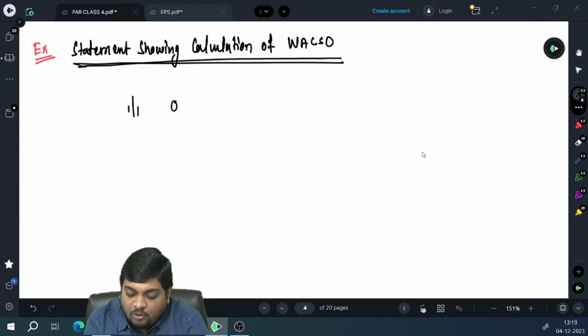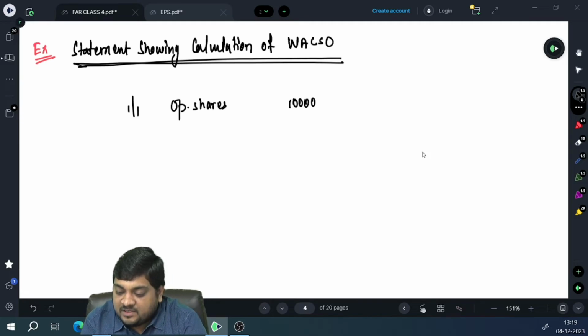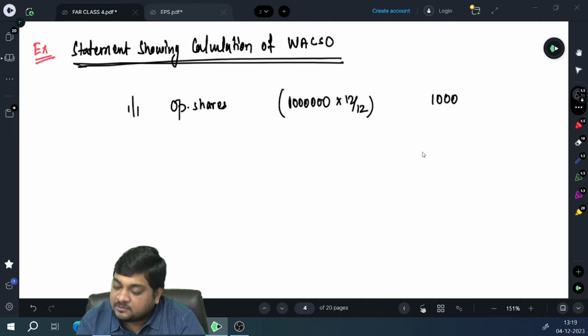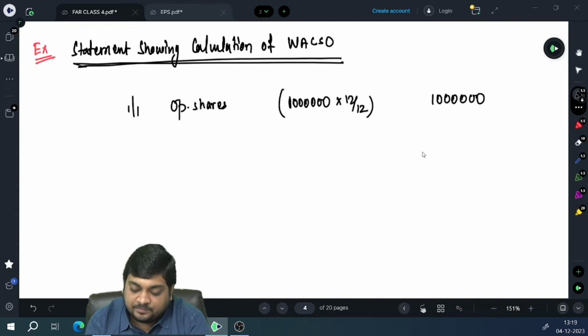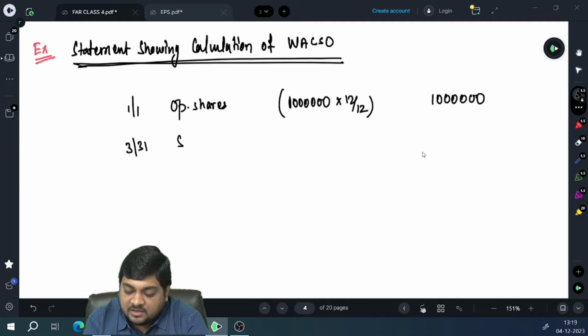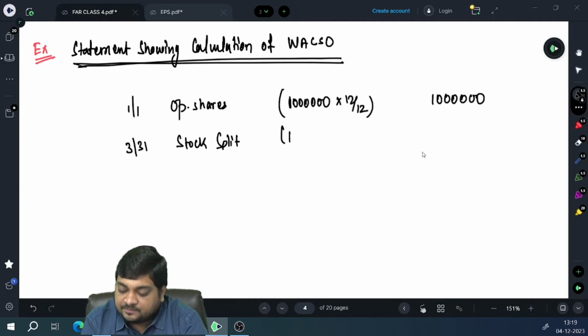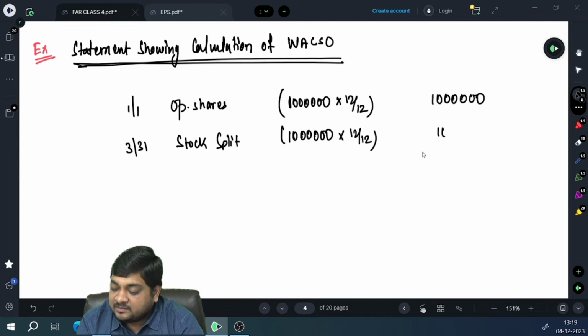So the January opening shares were 10 lakh shares, outstanding for the full year. Then March 31st, we have a stock split, another 10 lakh. This will be considered retroactively.